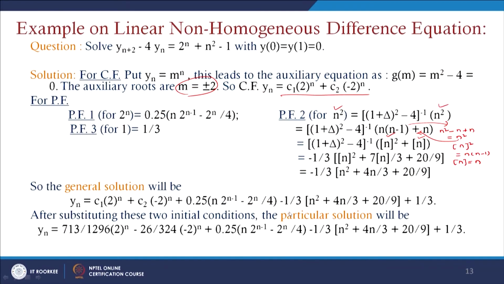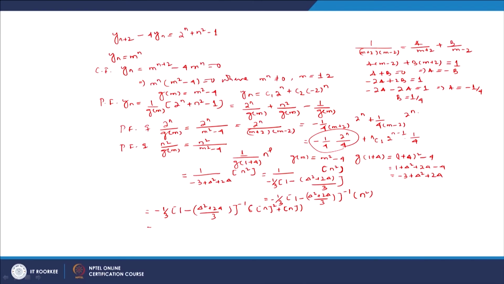And now if you take this expansion here, you can find that this expansion can be written as minus 1 by 3 times the binomial expansion: 1 plus (delta square plus 2 delta by 3) plus (delta square plus 2 delta by 3) whole square plus (delta square plus 2 delta by 3) whole cube.